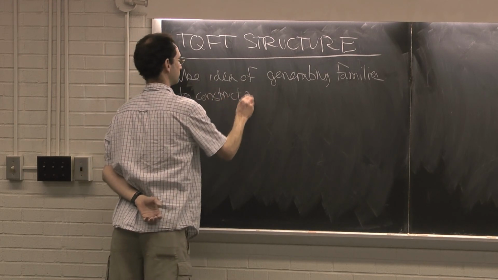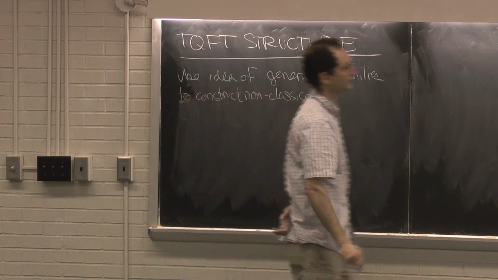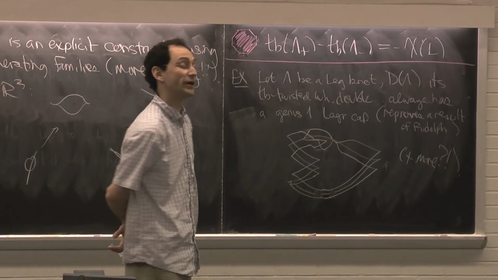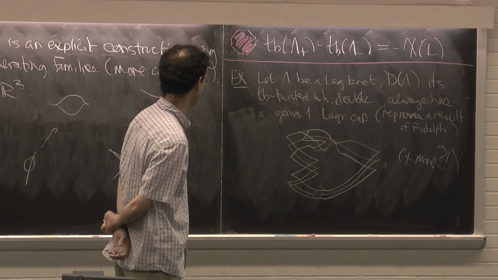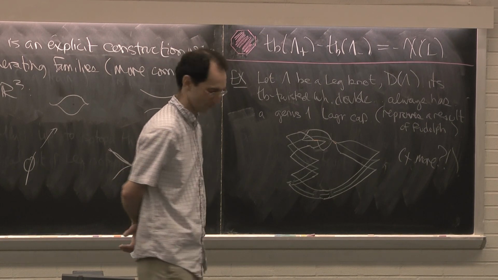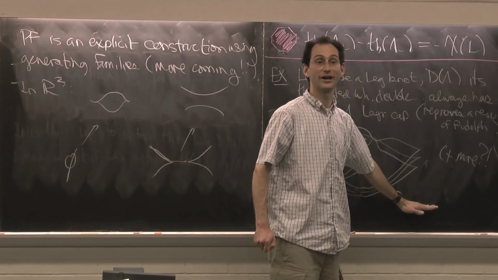Just a question about that example. The green curve doesn't have rotation number 0, so that means it doesn't have a generating family, right? Right, that's correct. But the white curve does have a generating family? Yeah, let me be careful. Until this point, I don't care about generating families.